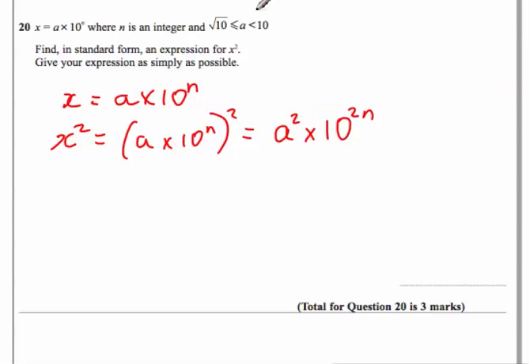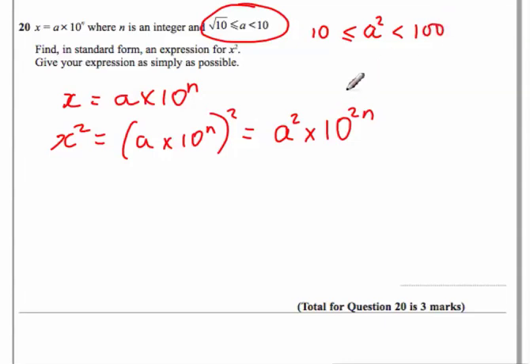Well, because of this. This is telling us that a is between root 10 and 10. Okay. Now that means that a squared, which is what we've got here, will be between, well, root 10 squared is just 10, isn't it? And 10 squared is 100.